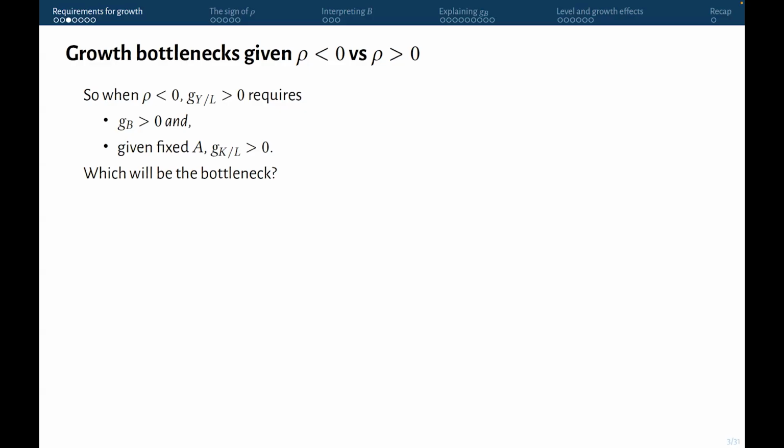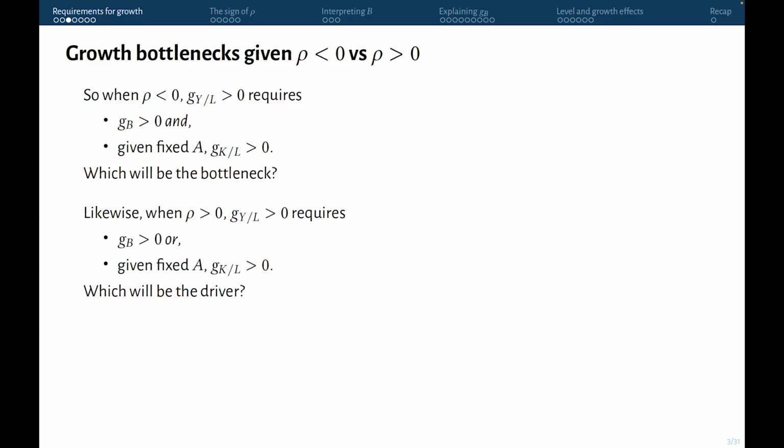To sustain growth in Y, you need growth in BL and growth in K, and so just dividing through by L, to sustain growth in Y over L, you need growth in B and growth in K over L. That's just mechanical. And the question for how fast growth in output per person will be is which is the bottleneck, which is growing more slowly, the labor augmenting technology or the capital per person. And likewise, in the gross substitutes case, you just need one or the other. And the question is which is going to be the driver, which is faster.